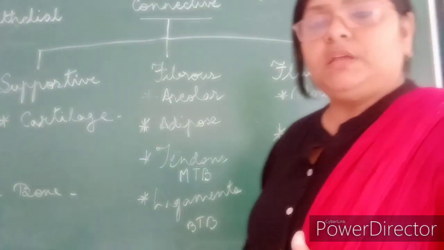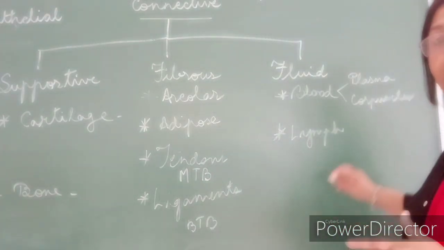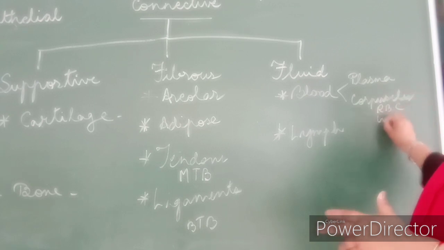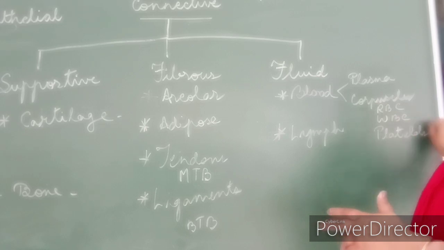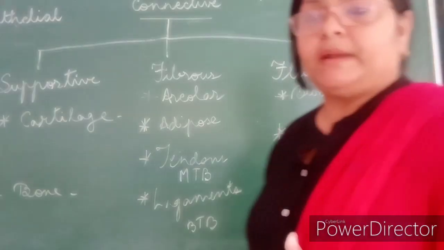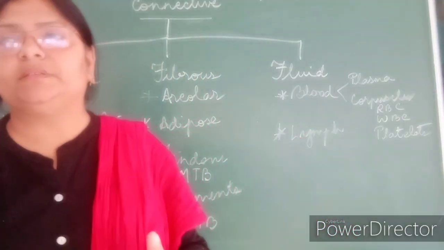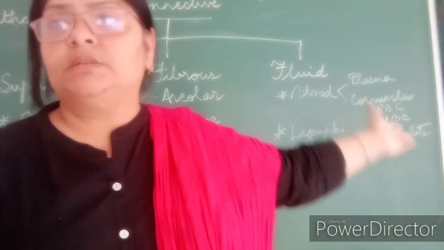There are three kinds of corpuscles: red blood corpuscles, white blood corpuscles and platelets. These are present in the plasma, making the blood.